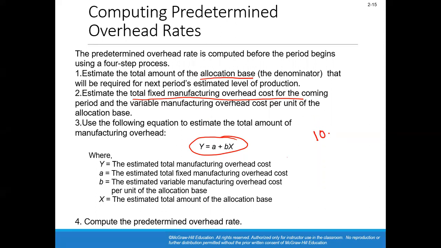Remember that I will require 10,000 direct labor hours, and this is my allocation base. And let's say that 100,000 is my total estimated manufacturing overhead cost. And what is the rate in that case?